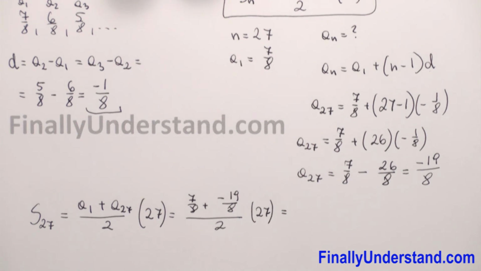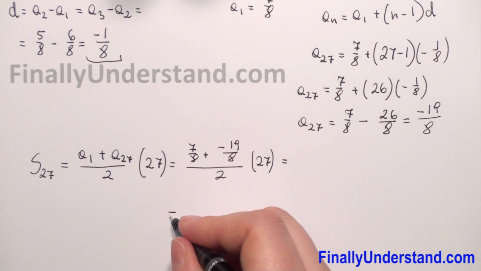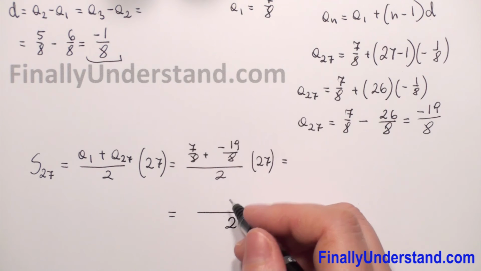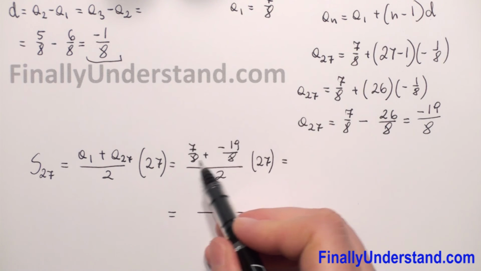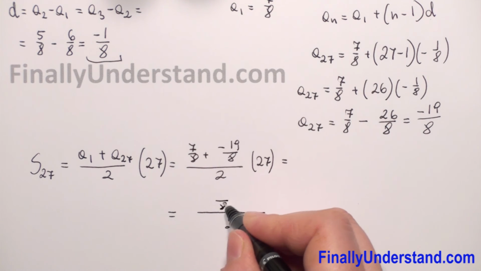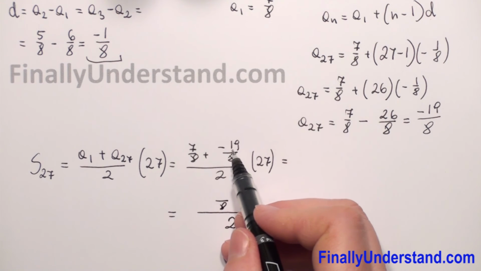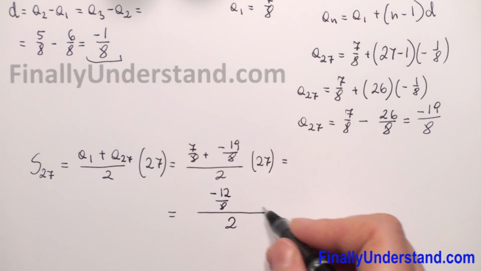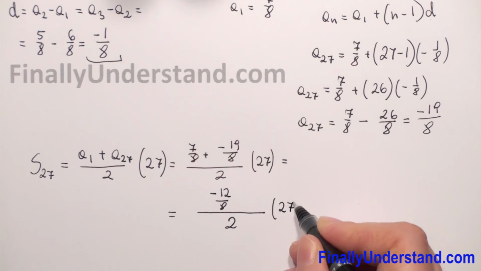So this is equal to, denominator we copy, addition of fractions, 7 minus 19, so it will be negative 12, times 27.